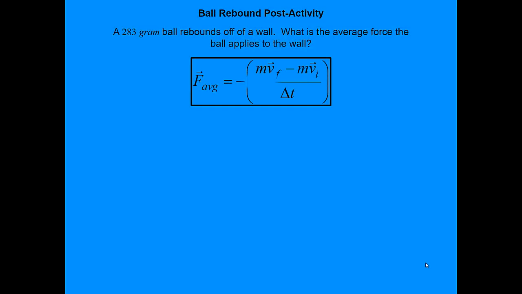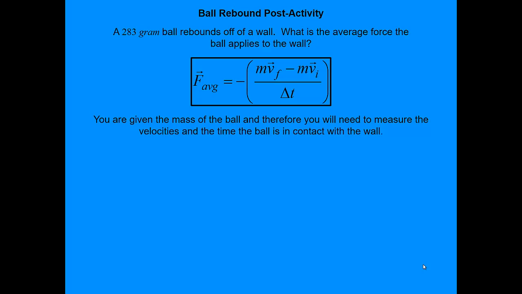So that means we need to know several things. We're given the mass, 283 grams, which of course needs to be converted to 0.283 kilograms, because you're not going to get newtons of force out if you're not in kilograms, meters, and seconds.